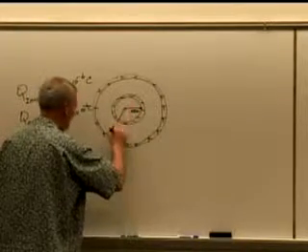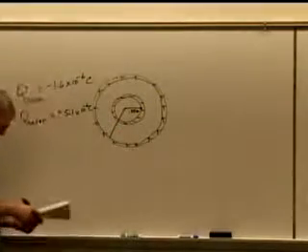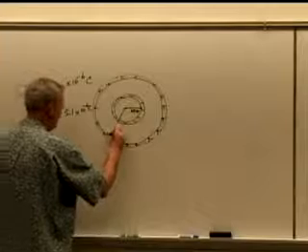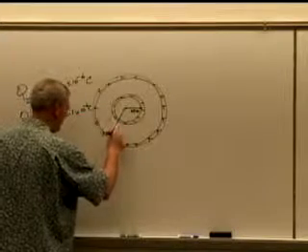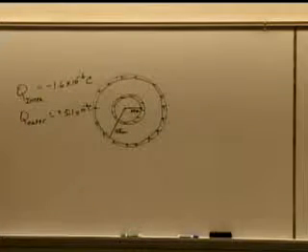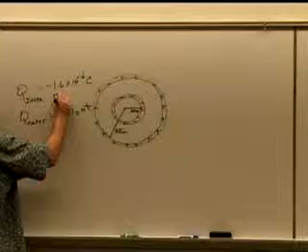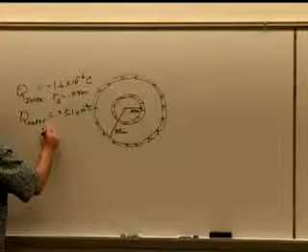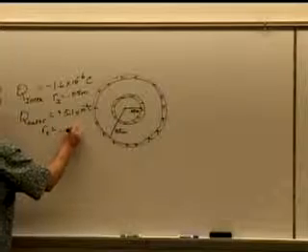The radius for this guy, I think, is 0.15 meters. Not 1.5, but 0.15 meters. So Ri is equal to 0.05 meters, and Ro is equal to 0.15 meters.